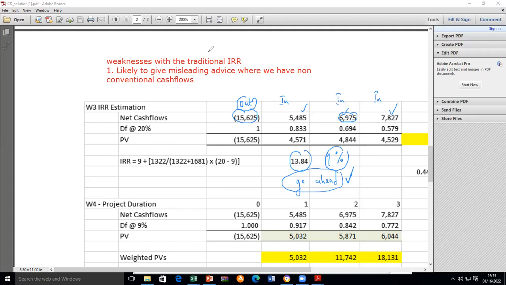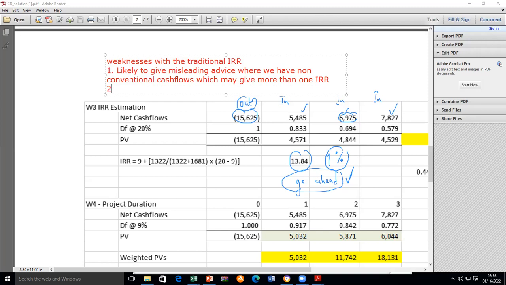Where does that problem come in? It may give more than one IRR.